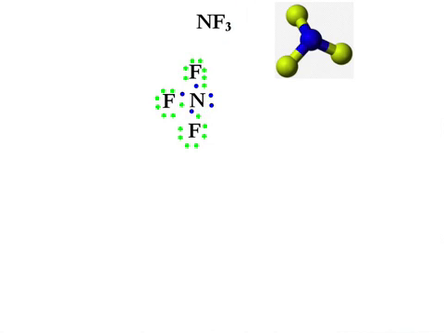So now let's draw the Lewis structure for this nitrogen trifluoride. Again, we draw the central atom. So we have nitrogen, and we're going to bring in the 3 fluorine. Each fluorine shares 1 electron, 1 pair of electrons with nitrogen. So we're going to use dashes.